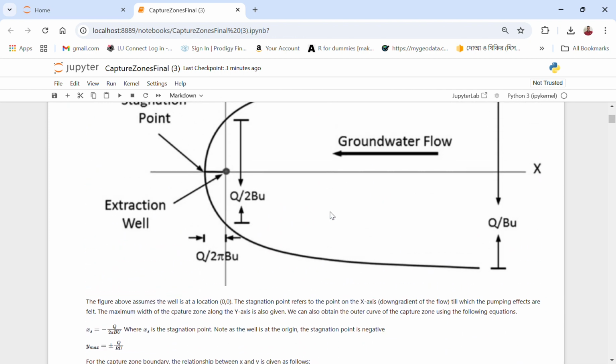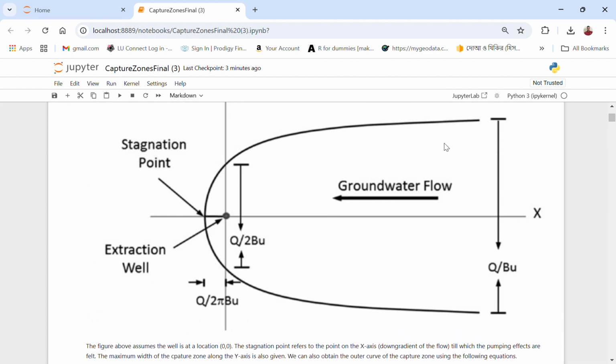Our target is to draw this capture zone boundary. This is our wellhead, and we need to calculate the stagnation point and the y max, the maximum y direction value. This is the y max.